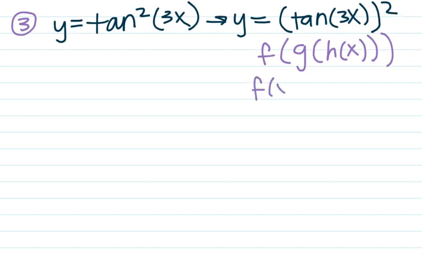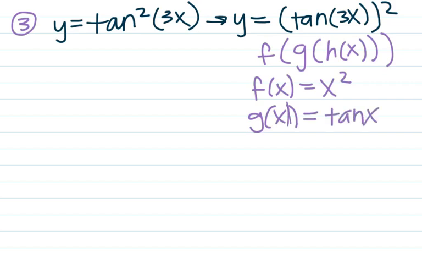So f of x, our most outside function, is just a good old x squared. Our inside of that function, or kind of the middle guy, is tangent of x. And then the innermost function is the 3x.